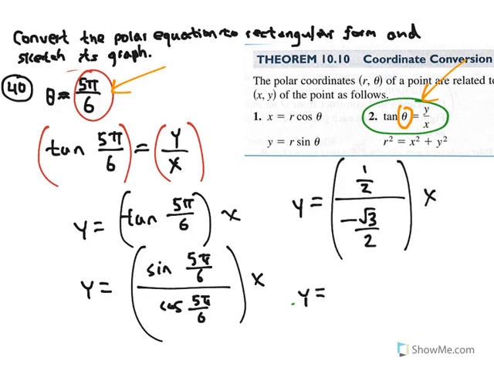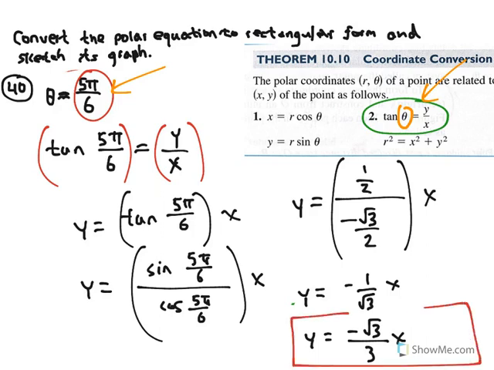So when you do that division, you'll get negative 1 over square root of 3 times x. If you want to rationalize the denominator, this is what you will have. So here's our rectangular equation in slope-intercept form. The y-intercept would be 0, so the graph will pass through the origin.